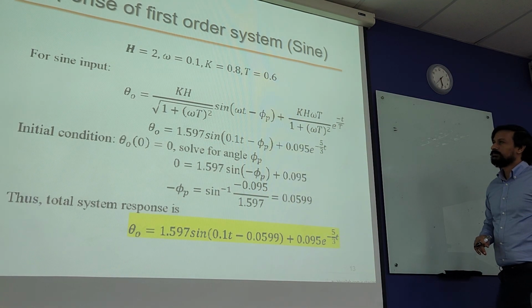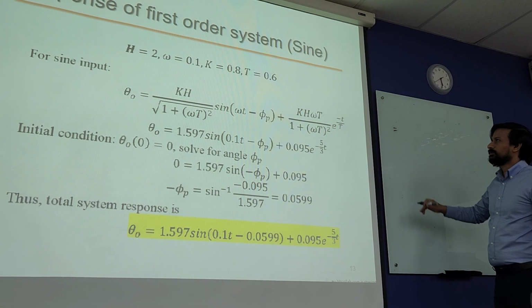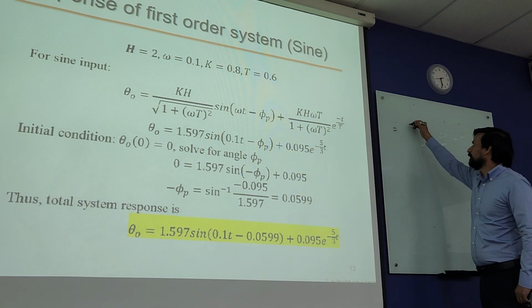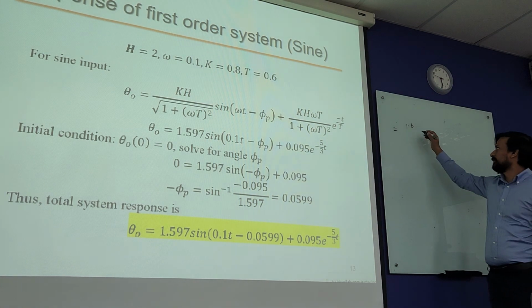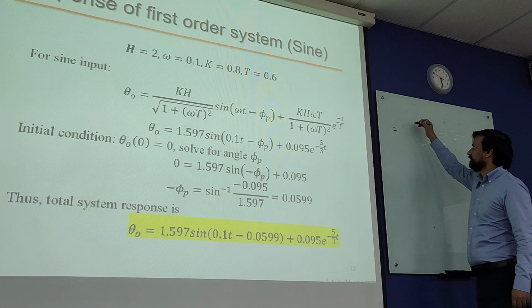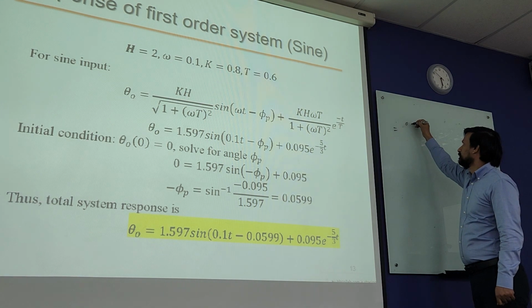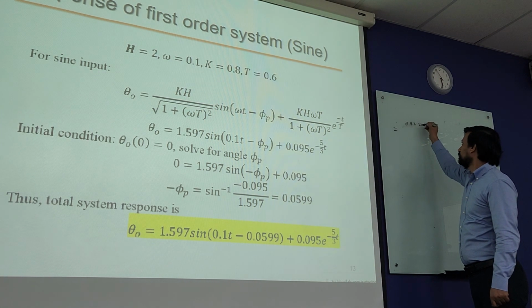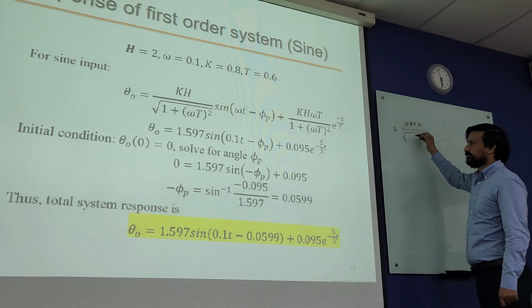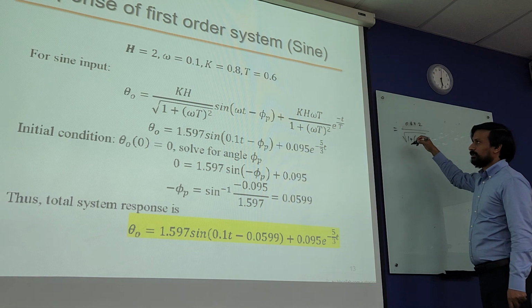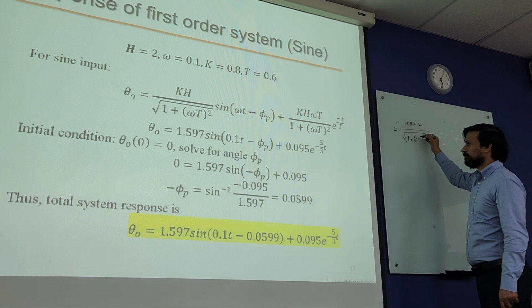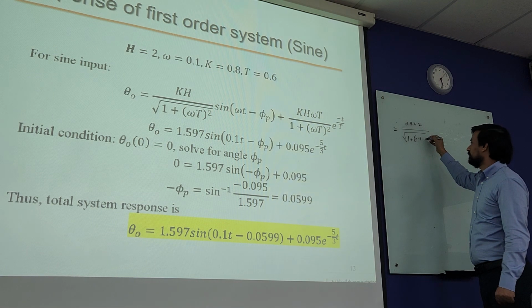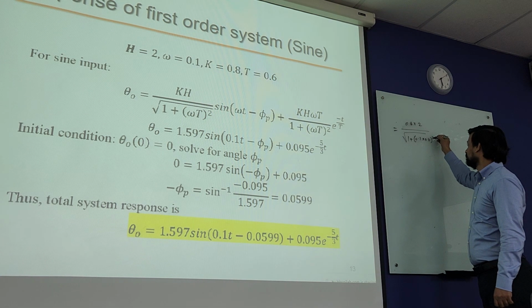So 0.8 times 2 is 1.6, divided by, okay, there are a lot of things, so better write: 0.8 times 2 divided by the square root of 1 plus (omega T)squared, where omega is 0.1 multiplied by 0.6, squared.